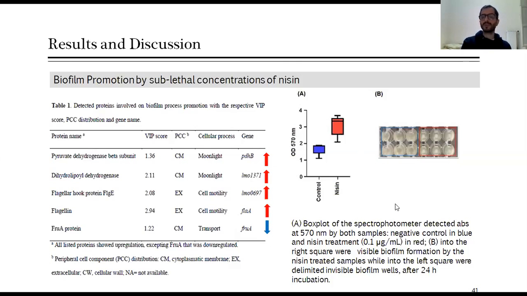This biofilm promotion was detected experimentally by a colorimetric method through spectrophotometer detection. Before the coloration, it's possible to observe that the nisin-treated samples already presented the biofilm formed.